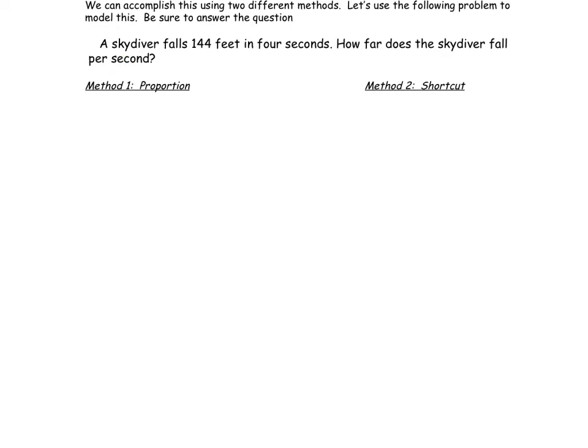So let's go ahead and highlight or box, whichever you prefer, some information in here. The first information that they gave us was that a skydiver falls 140 feet in 4 seconds. So right there, they're giving us a ratio to set up. Next important bit of information is how far does the skydiver fall per second?